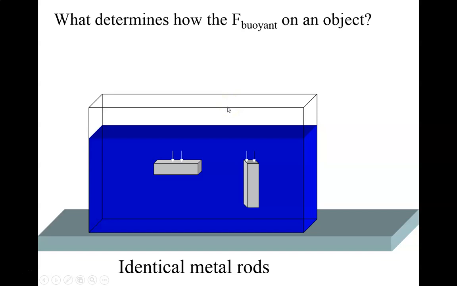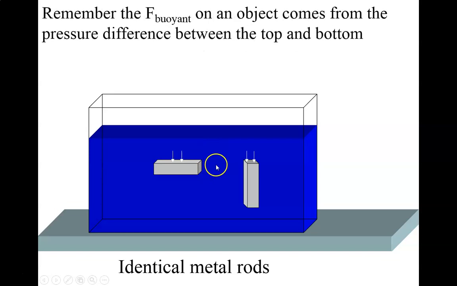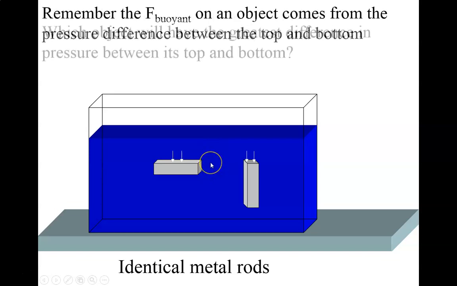What determines the buoyant force of an object? Well, here I've got 2 identical chunks of aluminum. I'm going to go through this fast because this can be a little confusing. Which is going to have the greater buoyant force acting on it?